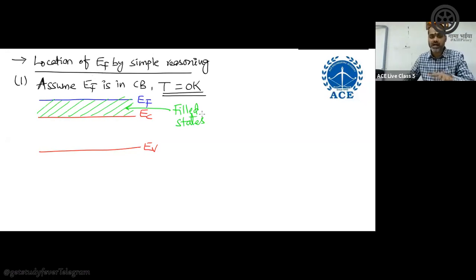According to our assumption of the Fermi level, these states should be filled, but we know that at absolute zero, the valence band is completely filled and the conduction band is completely empty. So this is not possible.